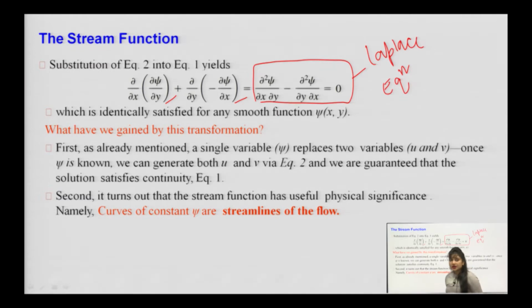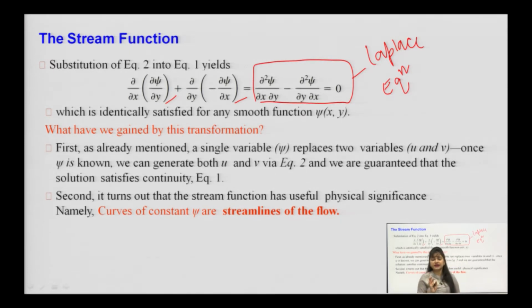Now, the question comes: we have introduced a variable psi and replaced the two variables u and v. What is the benefit we have gained from this transformation? There are two benefits. First of all, a single variable replaces the two variables u and v in the continuity equation.